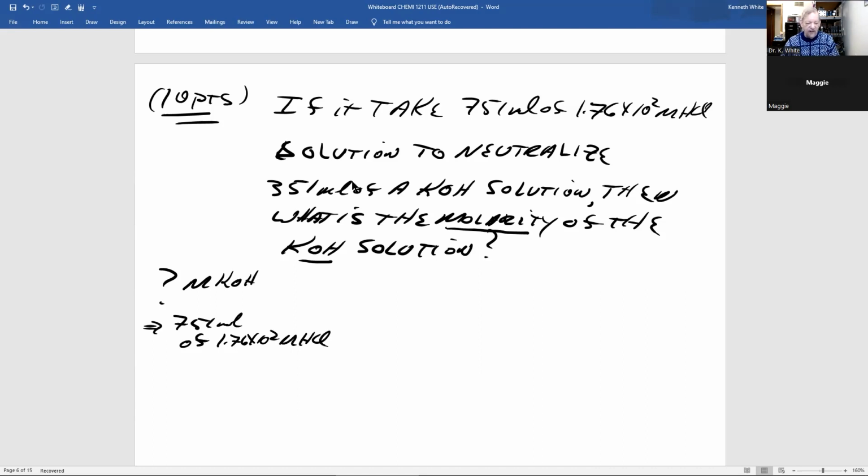And that neutralizes 351 milliliters of the KOH solution. As soon as you see the term neutralization and you're trying to find molarity, this is a titration.